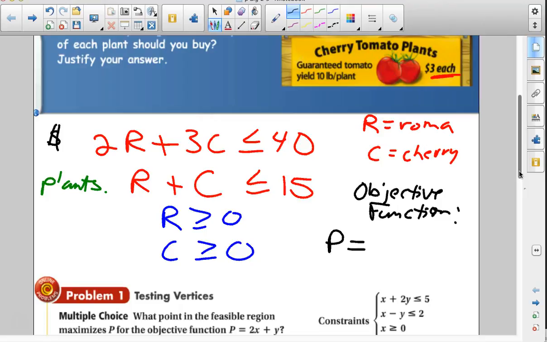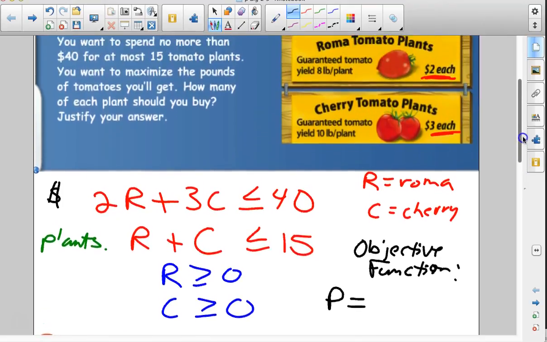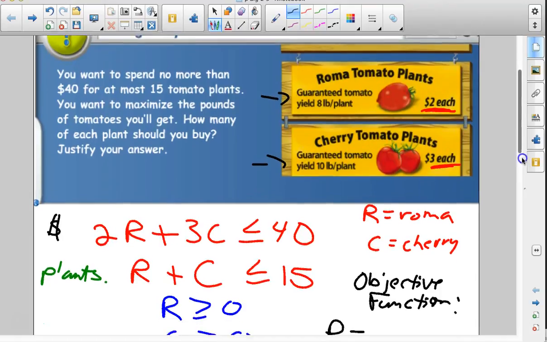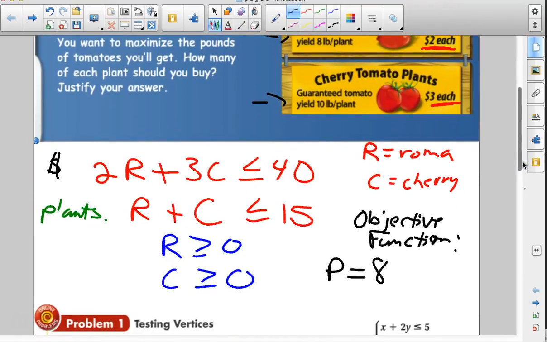Oh yeah, that was over here on the side. Back in this little advertisement. 8 pounds for the Romas and 10 pounds for the cherries. That's what I'm going to try to optimize, maximize right there. And that's called the objective function.